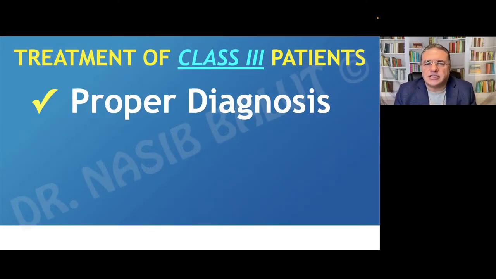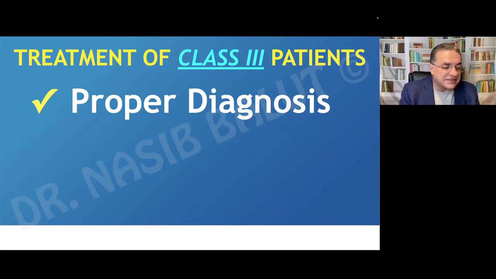Every treatment, it doesn't matter if it's class 2, class 3, class 1, the key is the diagnosis. There is no magic, there is no intelligent system that will do the things by itself. So always the diagnosis is going to be a key factor in an ortho treatment to get good results.